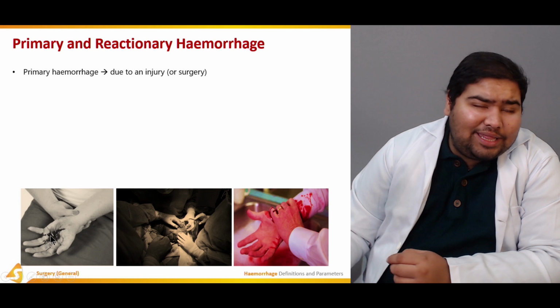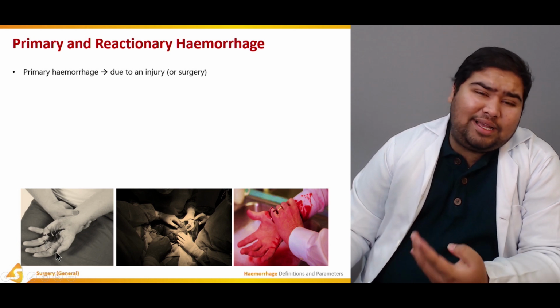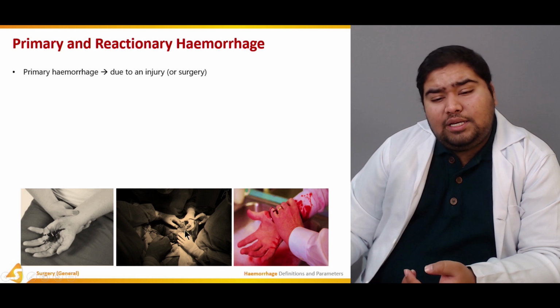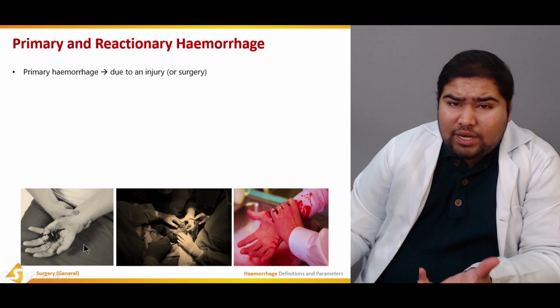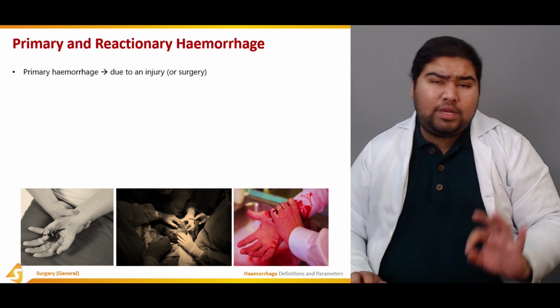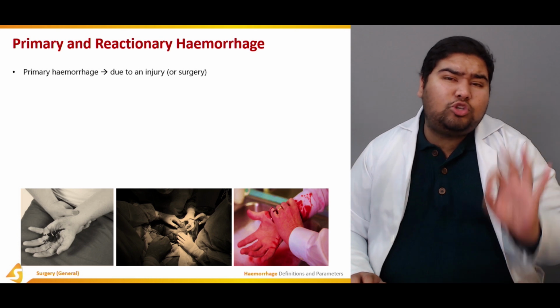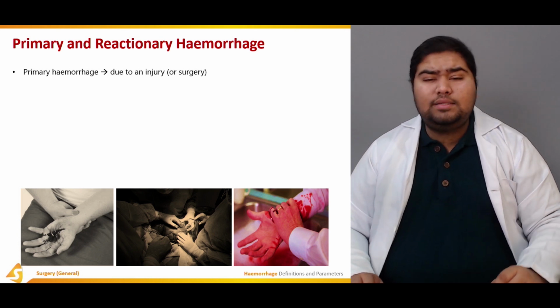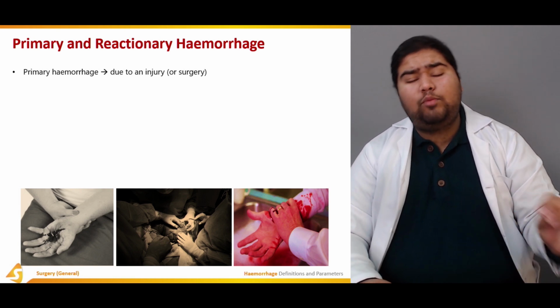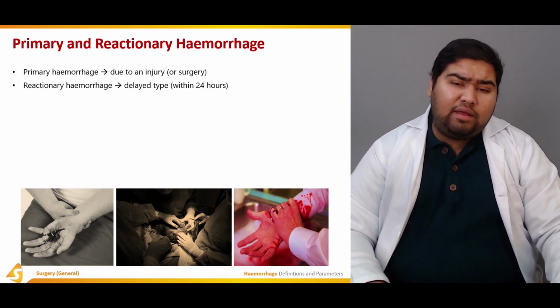There's a nail in the hand, and the hemorrhage occurring as a result of this is the primary hemorrhage. Again, if there's surgery, there's trauma to the hand, the hemorrhage that occurs is primary hemorrhage. So the hemorrhage that occurs due to trauma or surgery is known as primary hemorrhage. It occurs at the time when the trauma is being delivered.